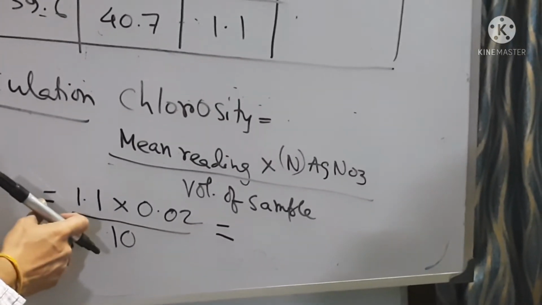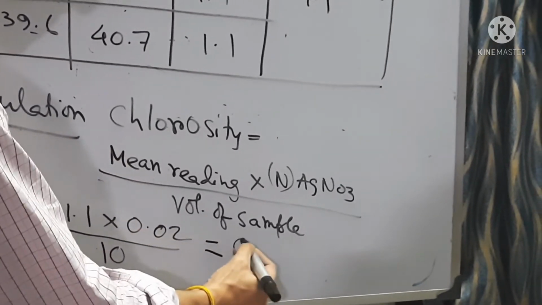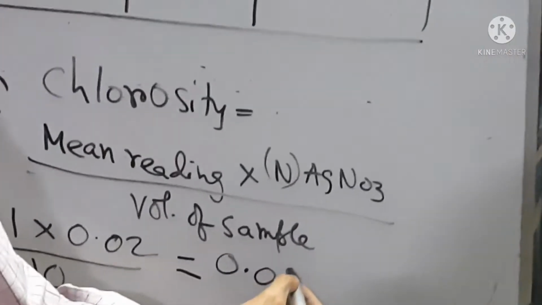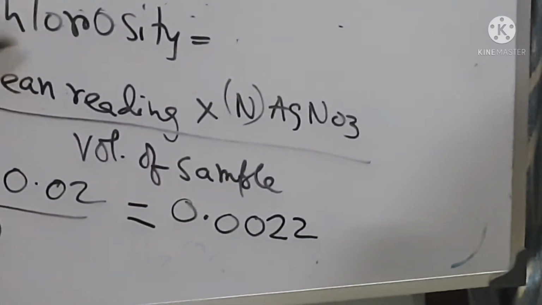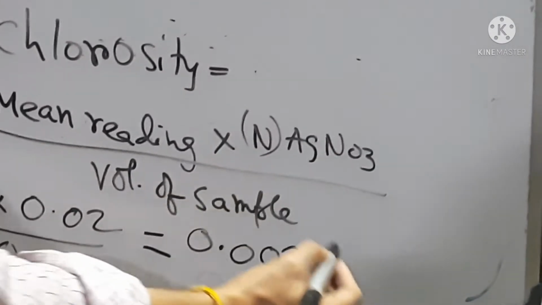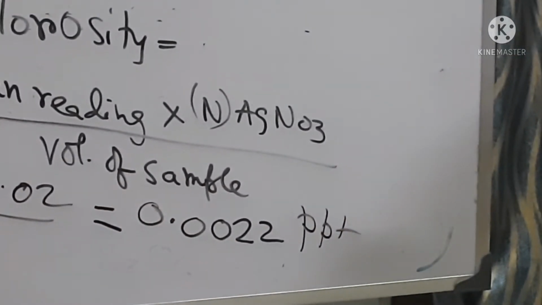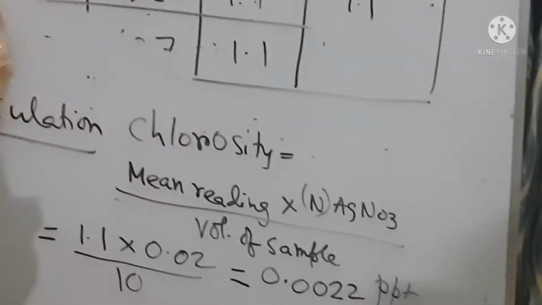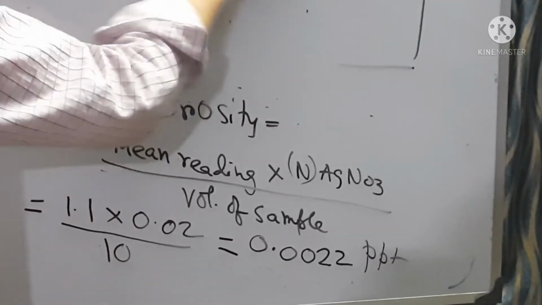So the calculated value will be 0.0022, and the unit of chlorosity will be parts per thousand. So we have done chlorosity.